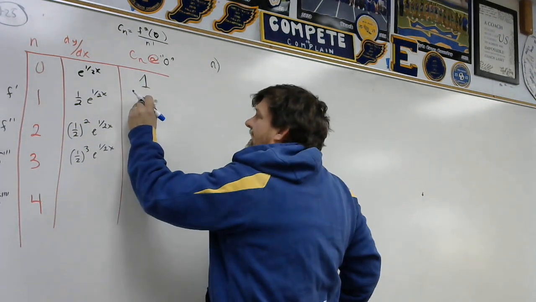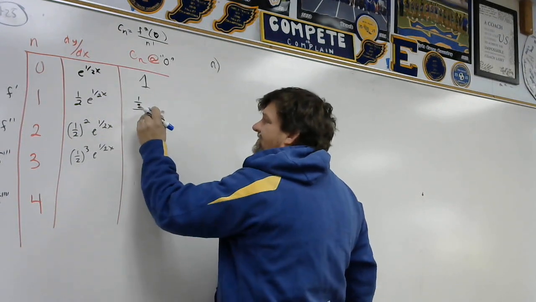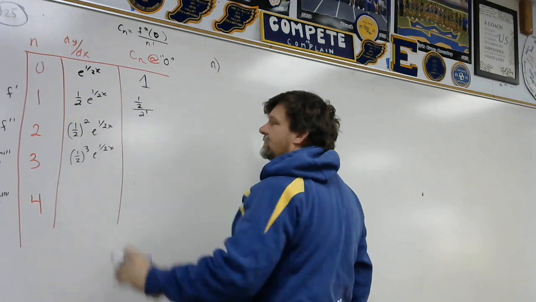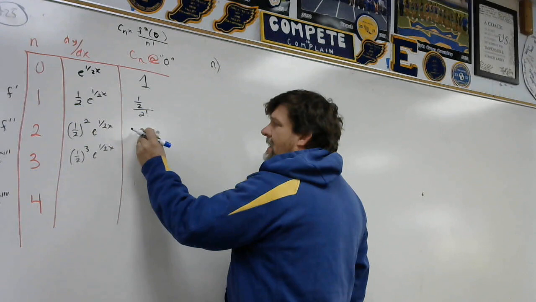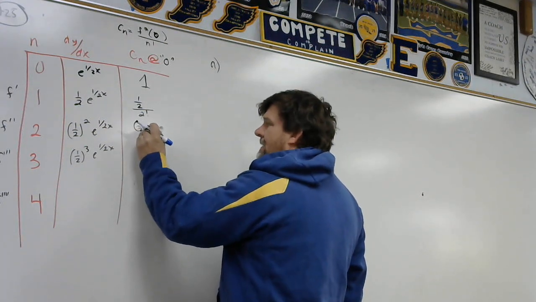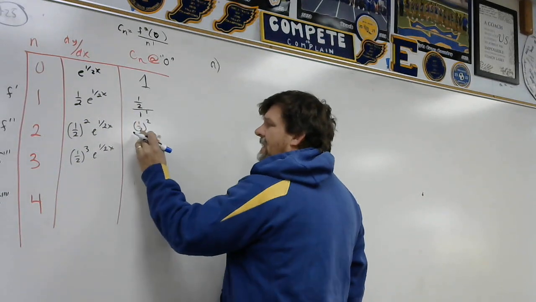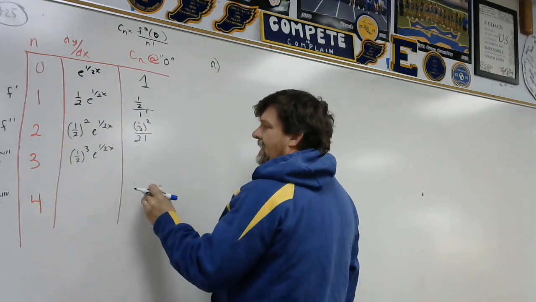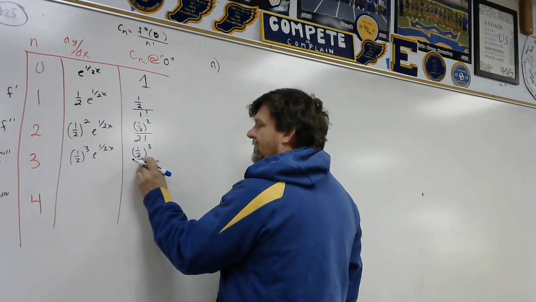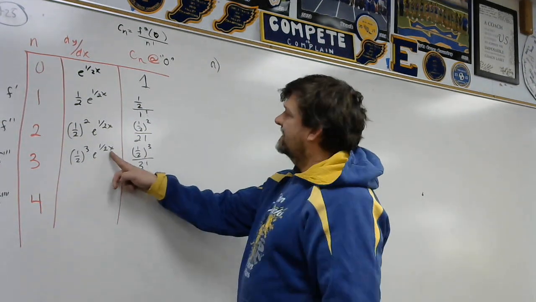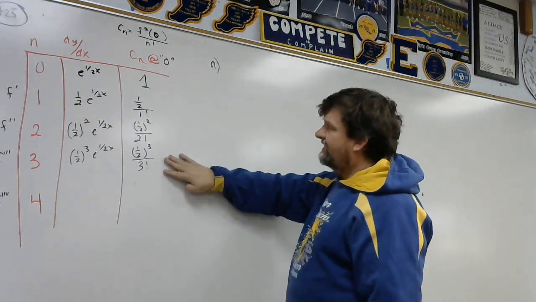So it's going to be 1/2, and then that's going to be over 1 factorial, sorry. And then we're going to get 1/2 squared over 2 factorial. And then we're going to get 1/2 cubed over 3 factorial, because every time I plug in 0, the e to the x just becomes 1. So there's my first 3 terms.